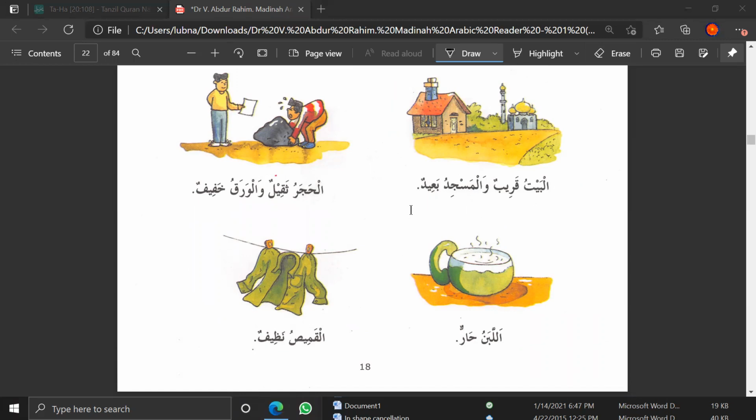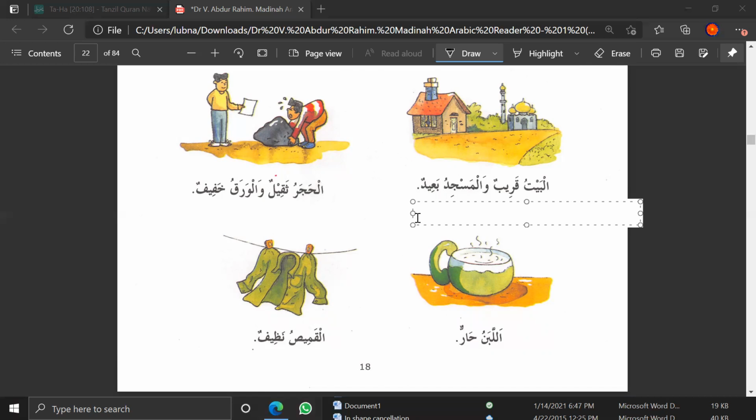Al-Baitu. Can you read it aloud? Al-baytu qaribun wal-masjidu ba'idun. So which one do you see bigger in the picture? The house seems bigger. So if the house seems bigger, is it near or far?